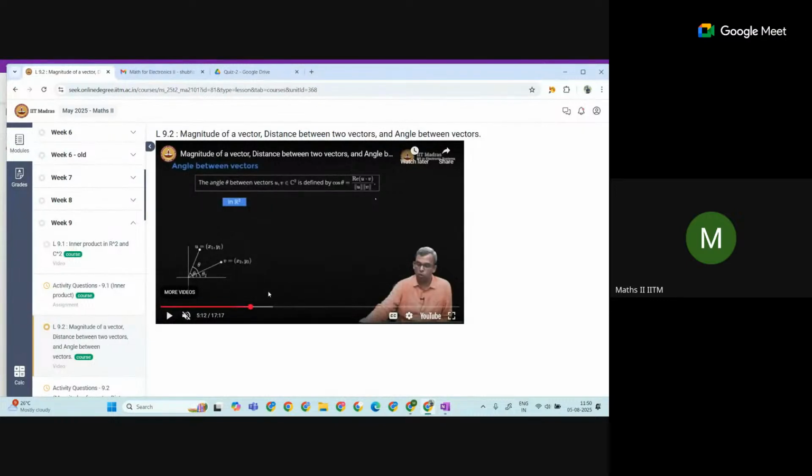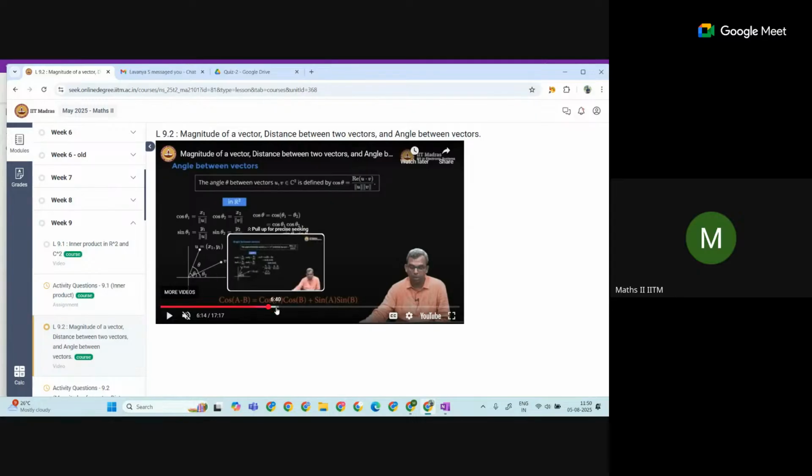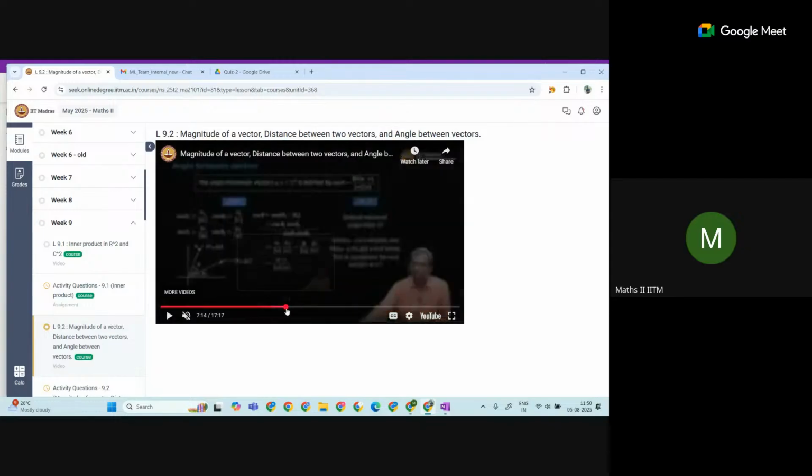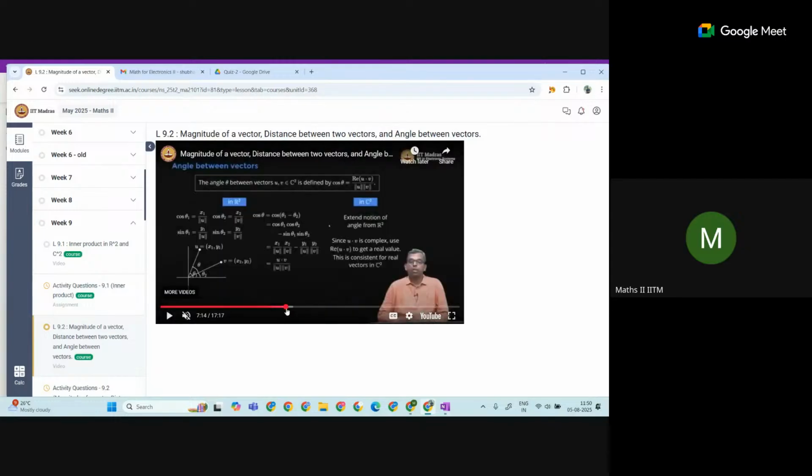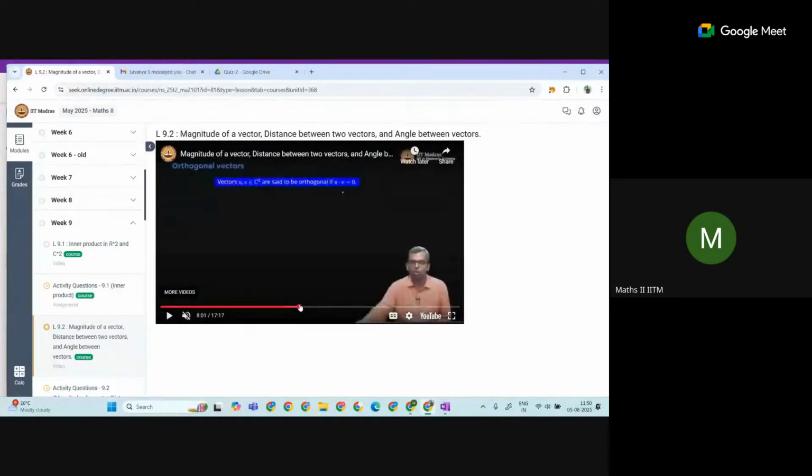Cos theta is equal to. So for the real one, it just becomes u dot v. Trigonometry is already done in maths one mostly, so we won't do it. So in the real one, this is just u dot v divided by the norm.